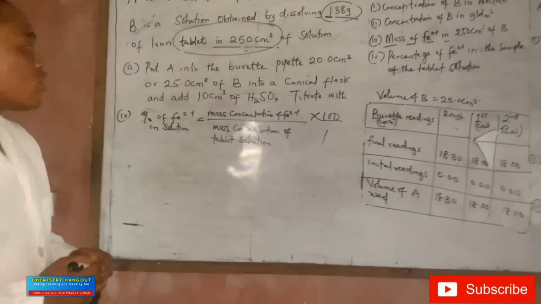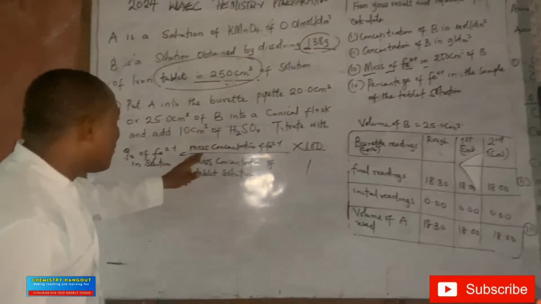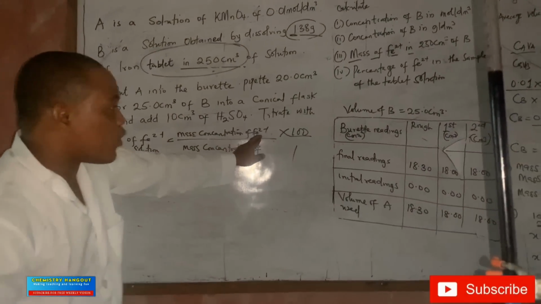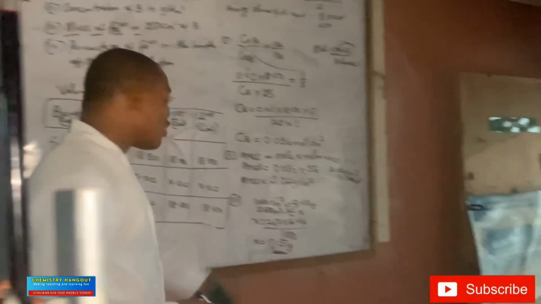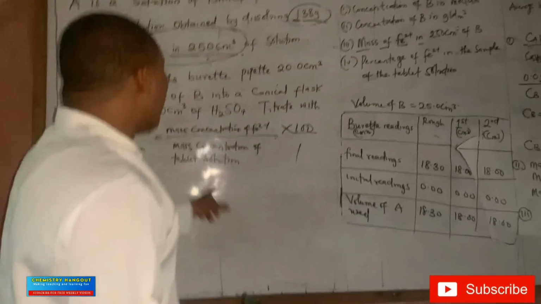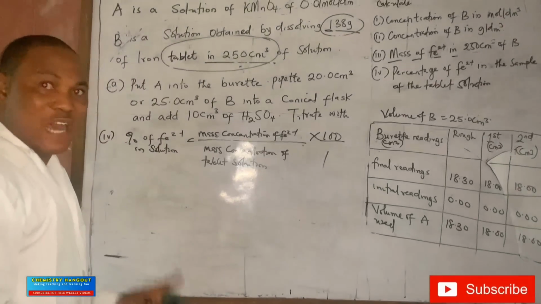Very important. So now we have these two values. Mass concentration of Fe2 plus is here already. The mass concentration, we have gotten that 2.02. Now what is the mass concentration of the tablet solution? You can see now, tablet solution.